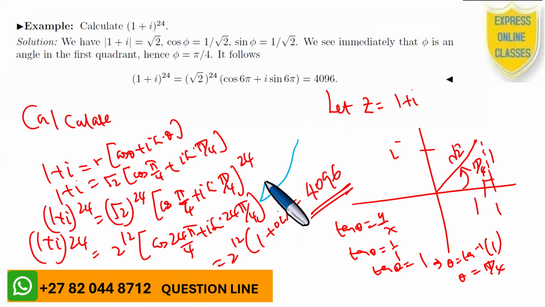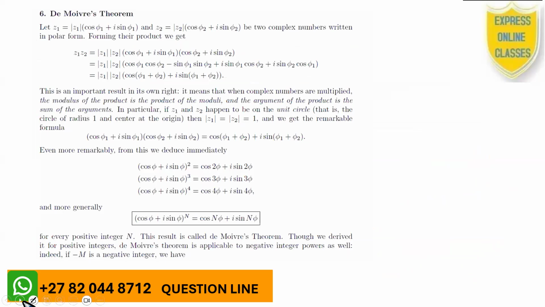We have said before that De Moivre is this step here. That becomes De Moivre. So think about it and make sure you understand it.